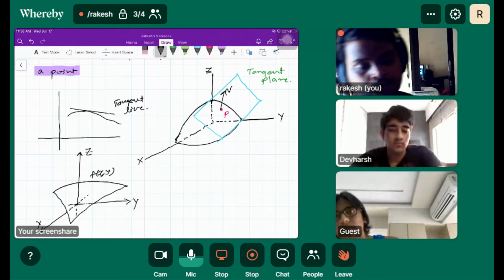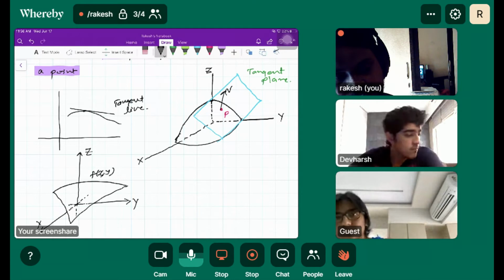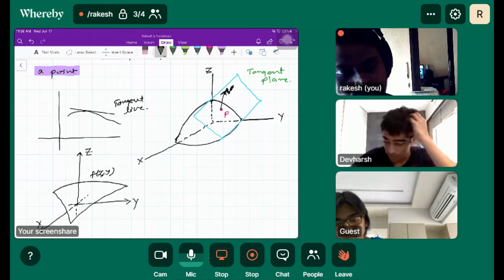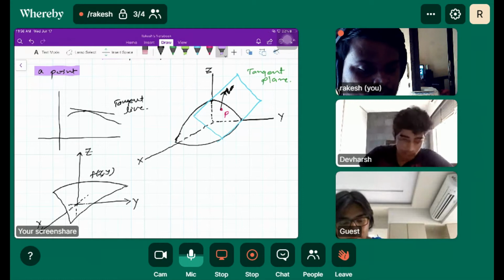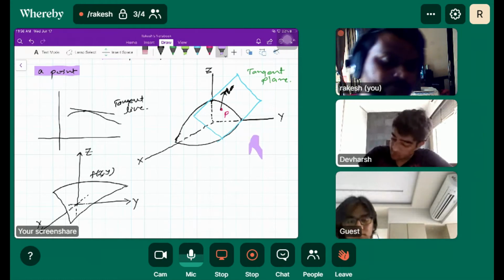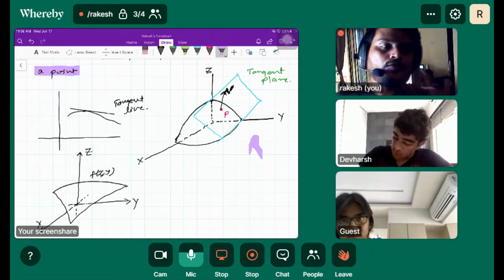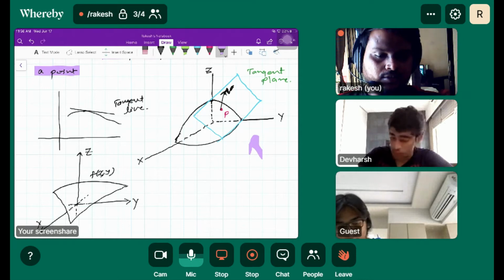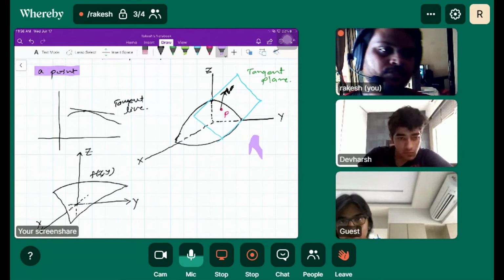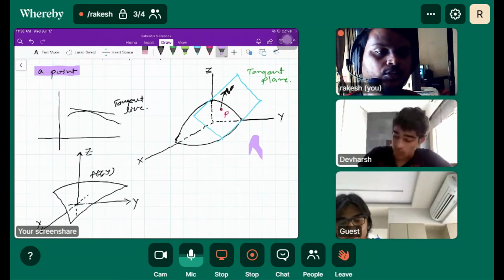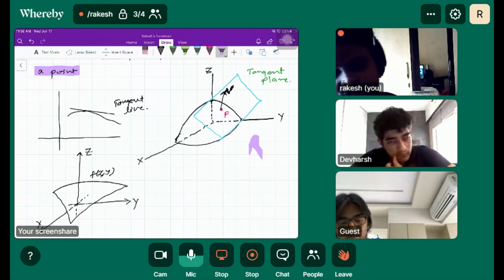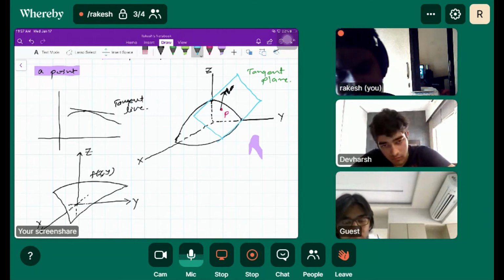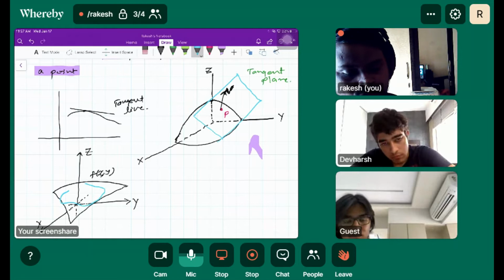How would you define the normal line to this point in this diagram? For that, we have to draw the level curve, and the level curve is obtained when we cut the object horizontally, right? It will give you some sort of curve.